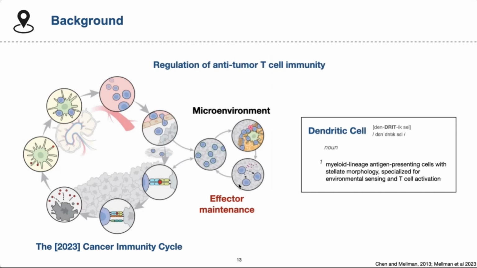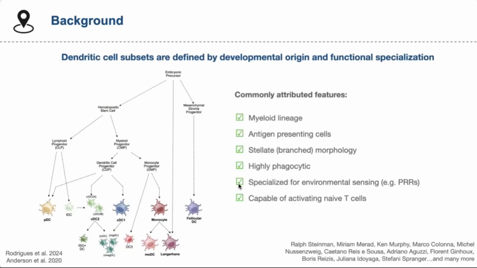Dendritic cells are myeloid lineage antigen presenting cells specialized for environmental sensing and T cell activation. Although they share a common core function, dendritic cells are a heterogeneous family with diverse developmental origins and functional programs.